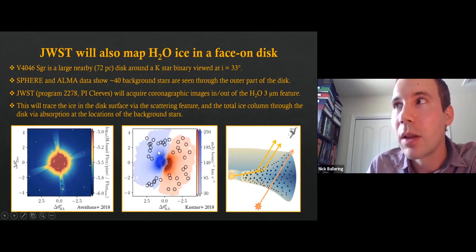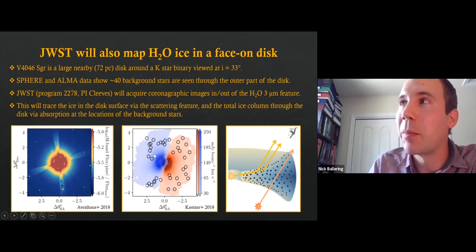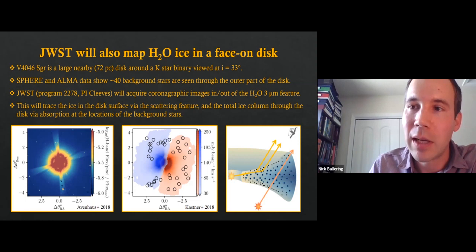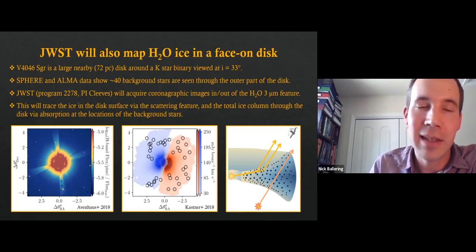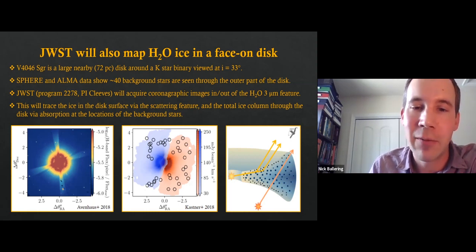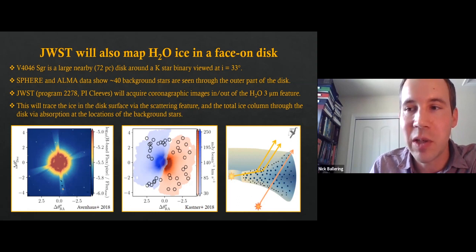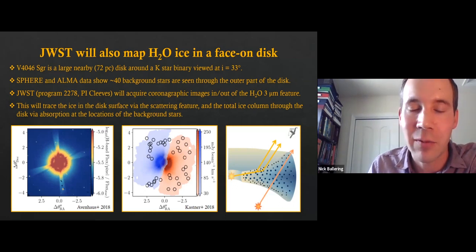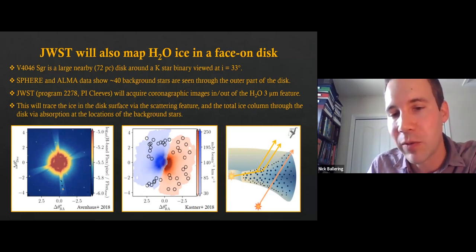The question about mapping the feature in more detail, the structure of the feature: the exact structure will be slightly different between scattering and absorption. If we had, for instance, more spectral resolution, you can see that the scattered light feature is shifted to slightly shorter wavelengths and it has a slightly different profile than the absorption feature.